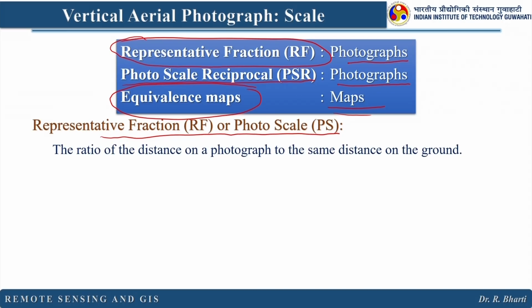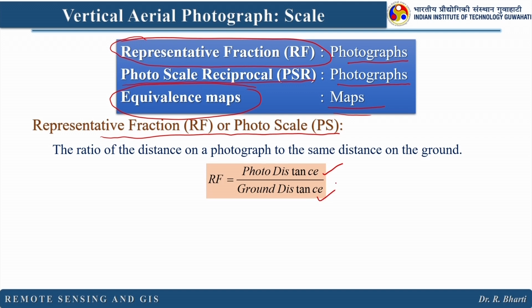The ratio of the distance on a photograph to the same distance on the ground is known as RF, and here you can simply take the photo distance and ground distance. Again, this is your image and there is a house. On the image you know the distance between this wall and that wall. If you have high resolution data, let us assume this comes to maybe 5 pixels.